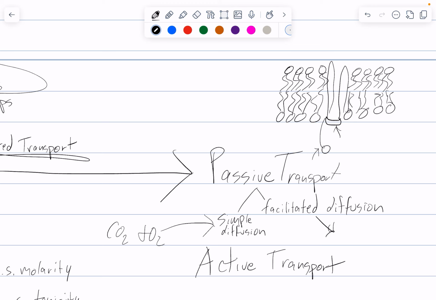So the activation gate obviously activates that the gate will open. So the gate will open, and then things can go through, and it's very specific on what it'll let through. And then the inactivation gate deactivates the gate and closes it pretty shortly after it has opened.